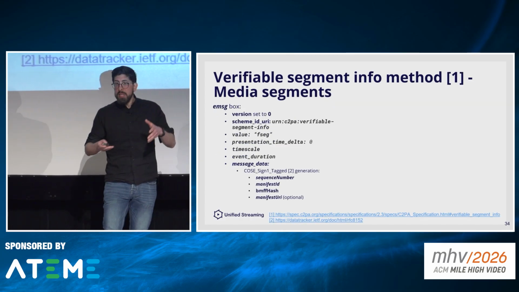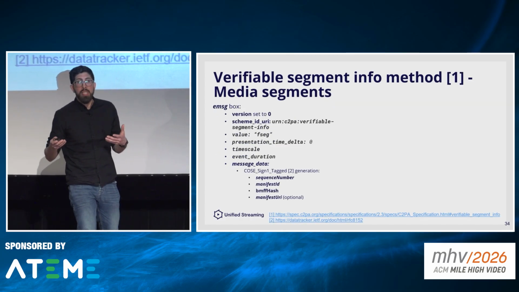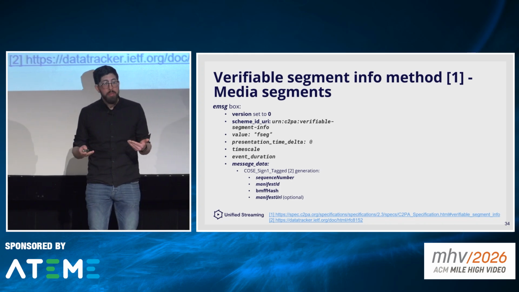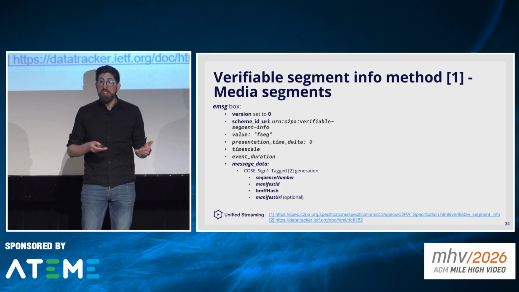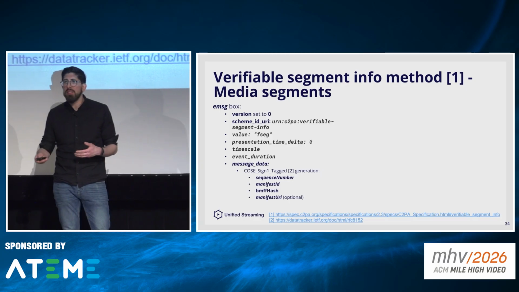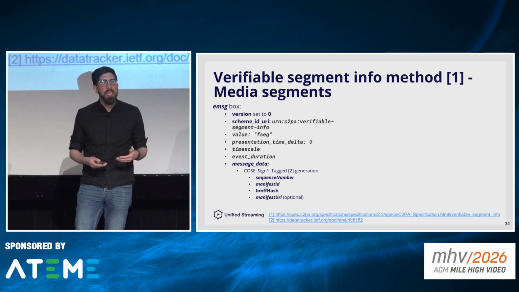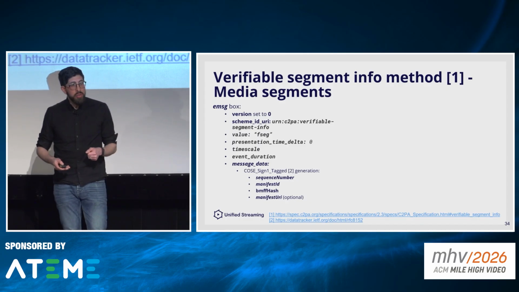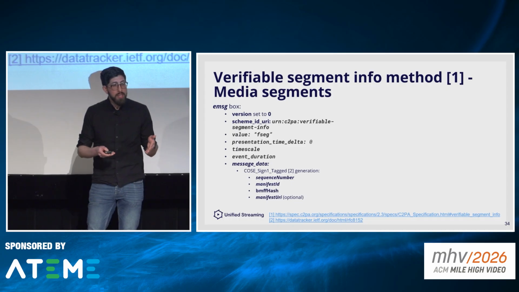Regarding now the media segments, using the public keys from the init segment, the COSE signature that I've been talking about is located in the message data. And the message data is pretty flexible because it doesn't have a limit in the type of data that is in charge of the scheme ID or emsg. So the COSE signature in this case is generated based on four elements.